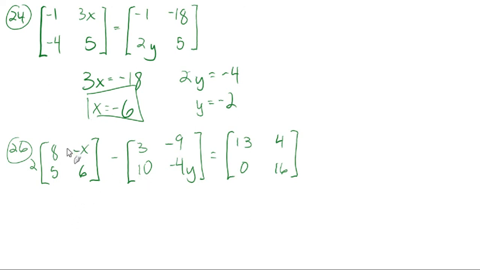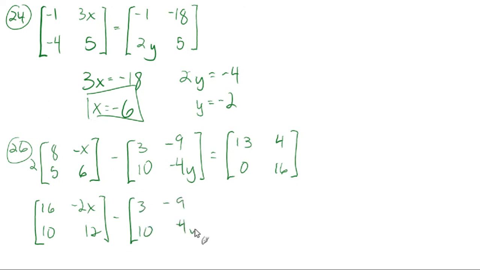Now, order of operations, we should still follow it, right? We're going to multiply this before we subtract this. So we'll multiply 2 times this matrix, which will give us 16, negative 2x, 10, and 12. Then we're going to subtract this matrix here. Let's go ahead and do that. We'll not write this again until the very end here.